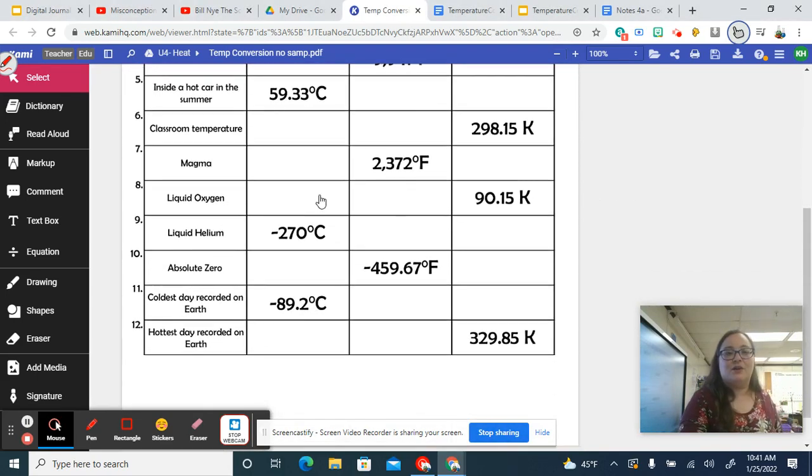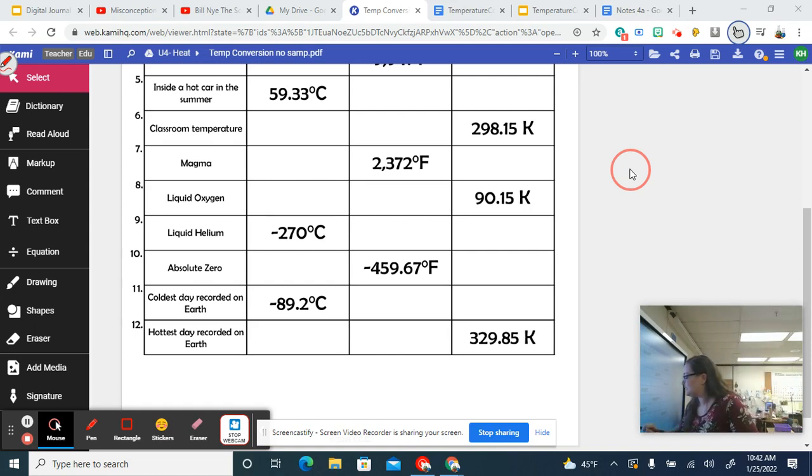Fun. All right. So we are now at magma, number 7. It gave us 2,732 degrees Fahrenheit. And we've got to use our formulas from this column, so I'm going to go ahead and rewrite them down.